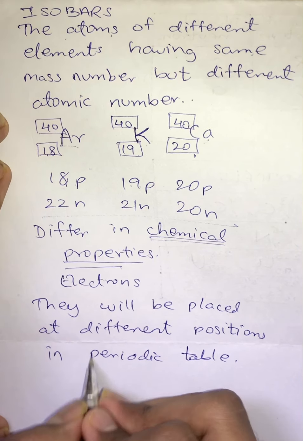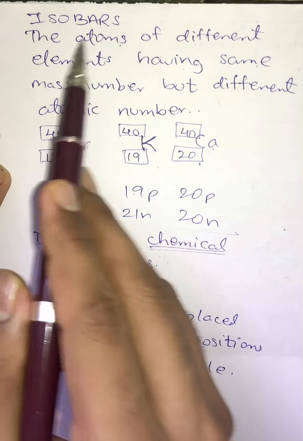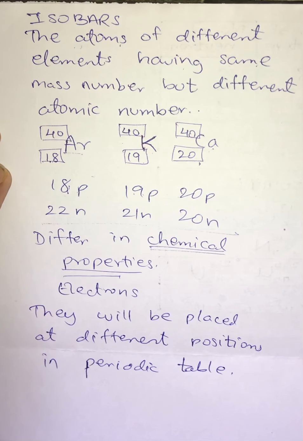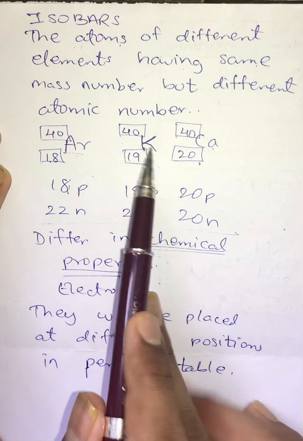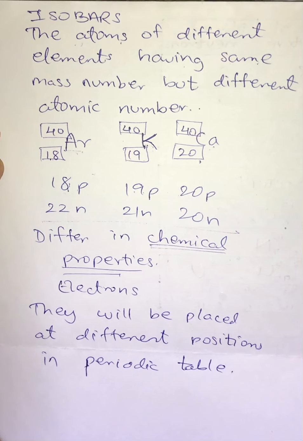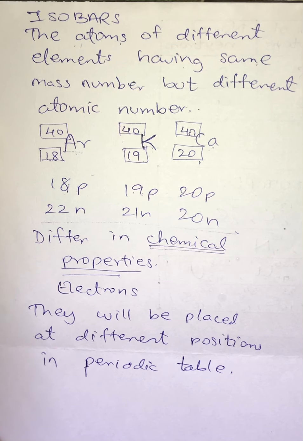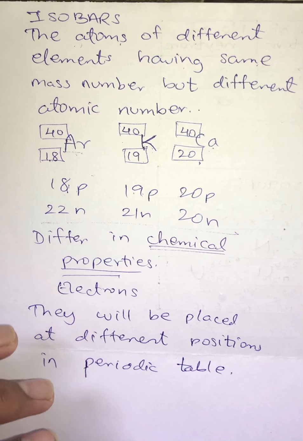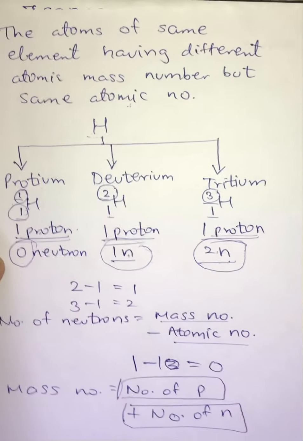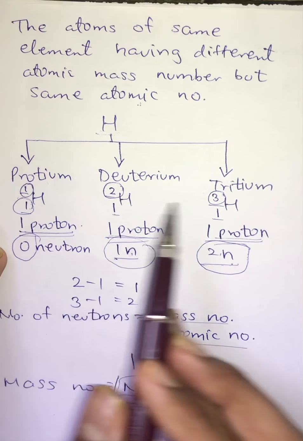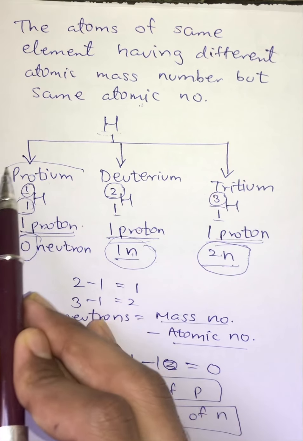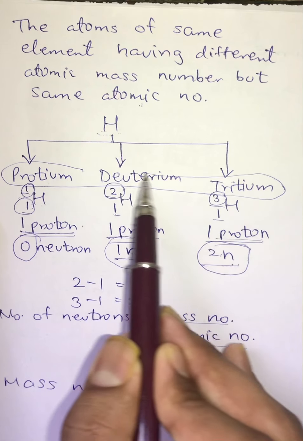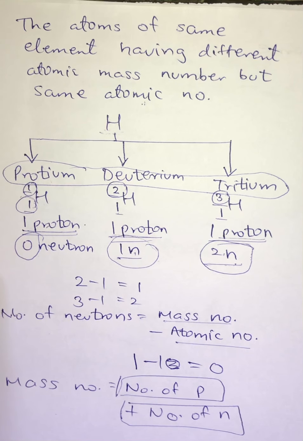Since they have the atoms of different elements, argon, potassium, calcium, therefore they will be placed in different positions in a periodic table. Whereas here the atom is staying constant, we are having hydrogen, hydrogen, hydrogen, therefore all this protium, deuterium, tritium will all be placed in the position of hydrogen.